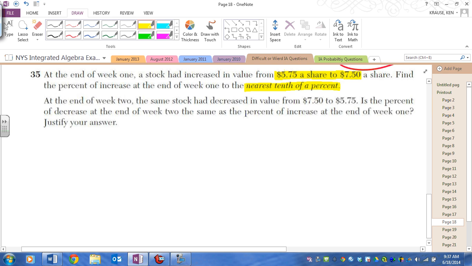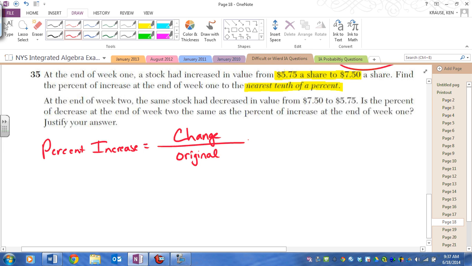So percent increase is defined as change over original. And then of course we got to multiply by 100 to actually get the percentage.